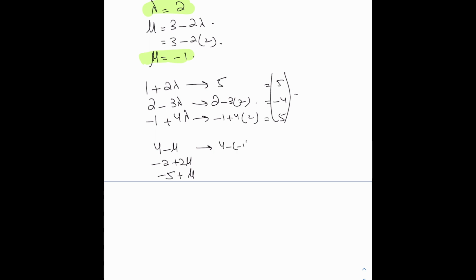So 4 minus minus 1. Minus 2 plus 2 times minus 1. And minus 5 plus minus 1. Okay, I'm getting 5, minus 2 minus 2 is a minus 4, and minus 5 minus 1 is a minus 6.